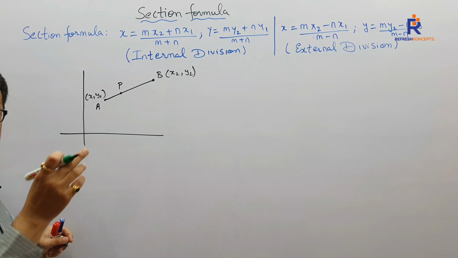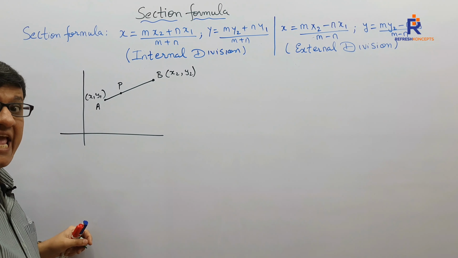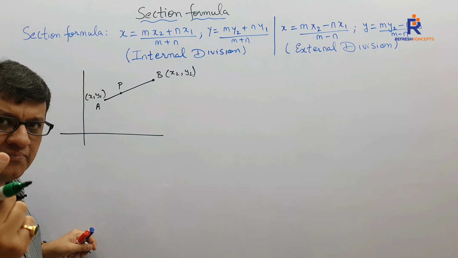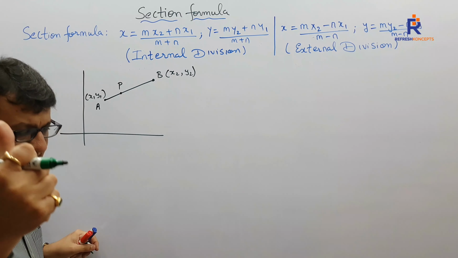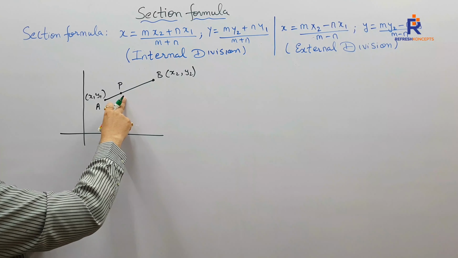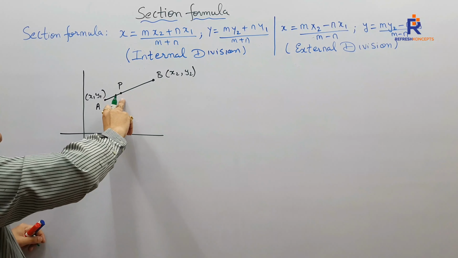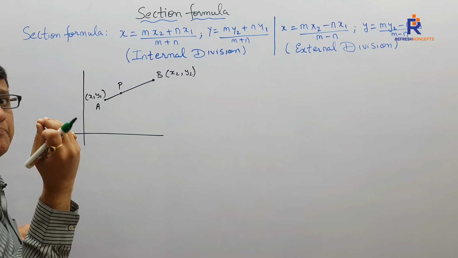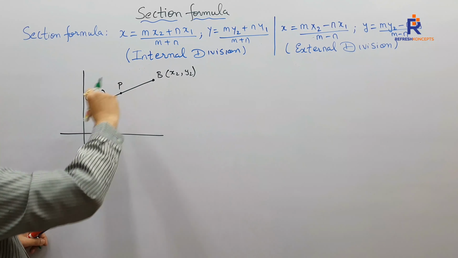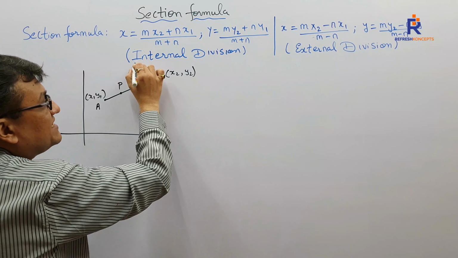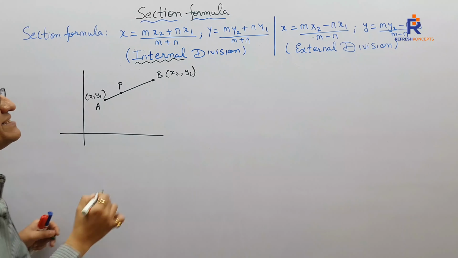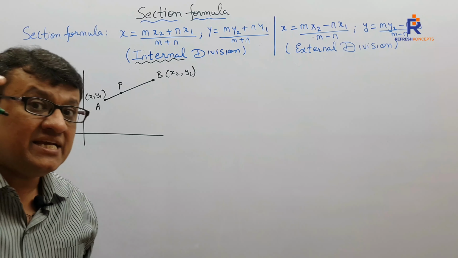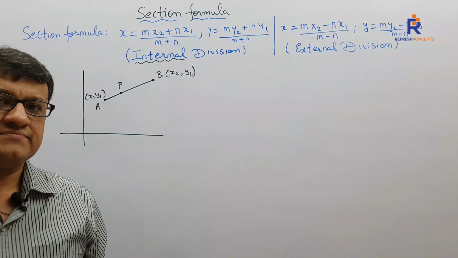Can I measure BP? Yes. If I go for AP by BP, will I have some ratio? Yes. That's what I'm saying, that point P divides AB internally. Why? Because it is lying in between. When I say between, that doesn't mean midpoint. In between means anywhere between A and B. It is therefore stated as internal division because point P is lying within segment AB.